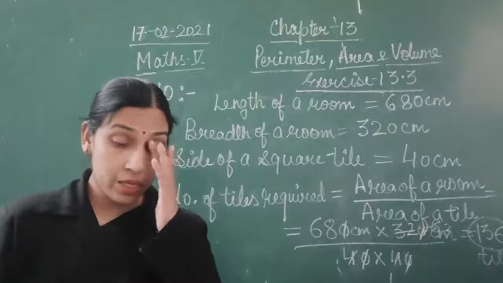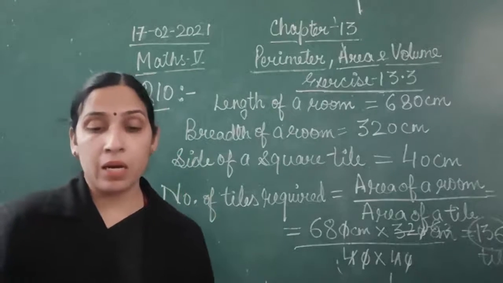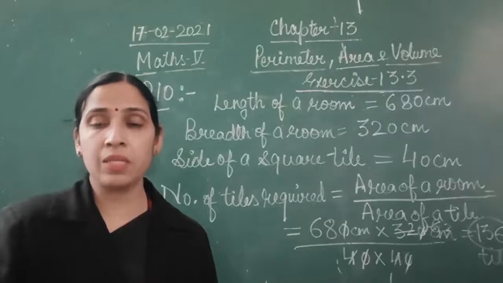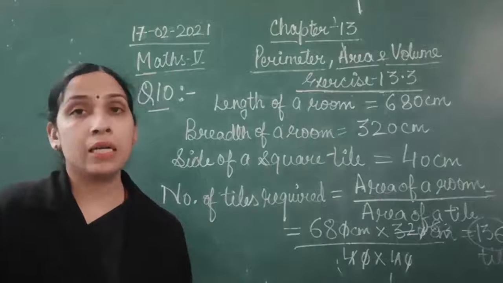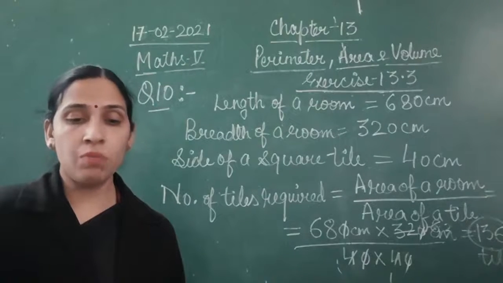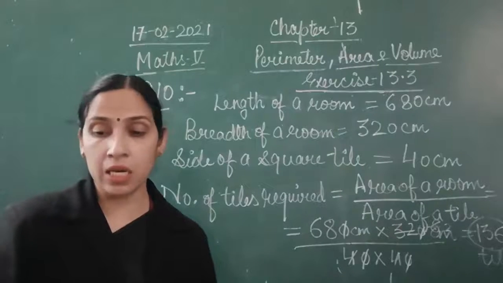Now 13.4 will be your last exercise, and after that we have the chapter test and we'll go through the next chapter, chapter 14. So this volume, which is again an important concept, we will take in the next class.